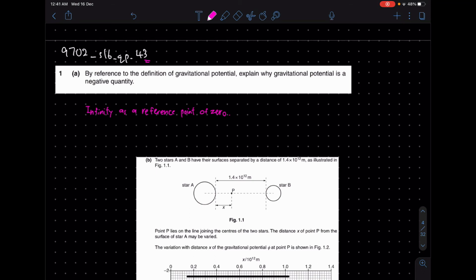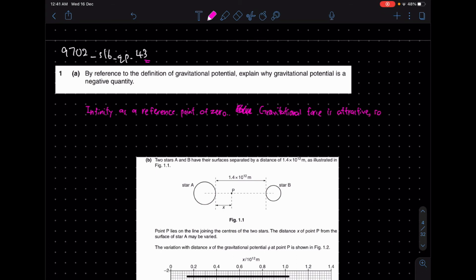Okay, we set the reference point as 0, and the gravitational force is attractive. Gravitational force is attractive, which means that it's acting inwards.